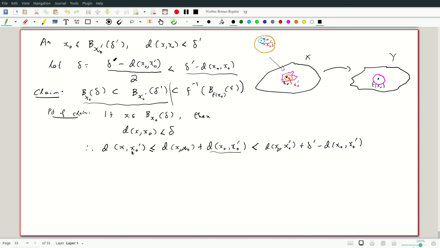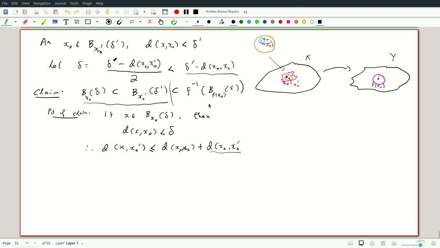So that is telling you it's less than or equal to the distance between x and x0 plus the distance between x0 and x0 prime. Let me correct myself. This was somewhat blind calculations. Let's calculate with a little intelligence.